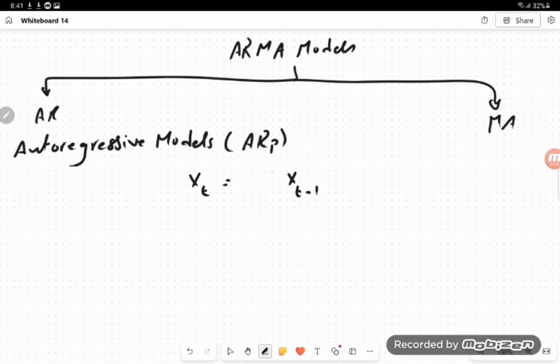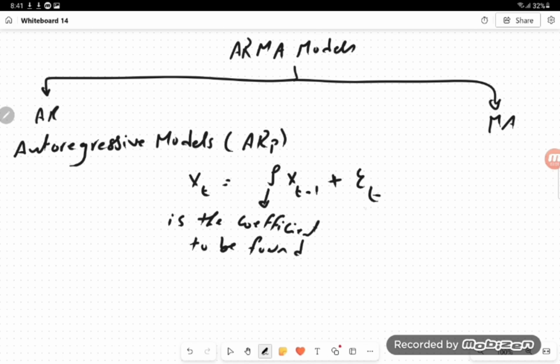So for example, this is rho x t minus 1 plus epsilon t. So this means x depends on its lag value, where rho is the coefficient to be found and epsilon is the error term.